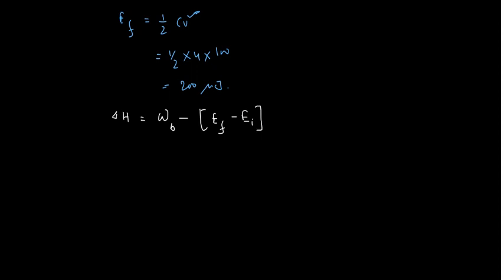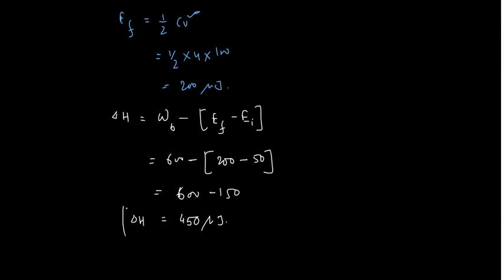So it becomes work done by the battery 600, minus EF which is 200, minus EI which is 50. So it becomes 600 minus 150, that is equal to 450 microjoule. So that is the heat dissipated across the capacitor in the process. Correct?